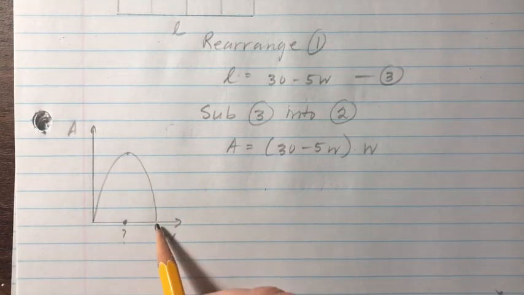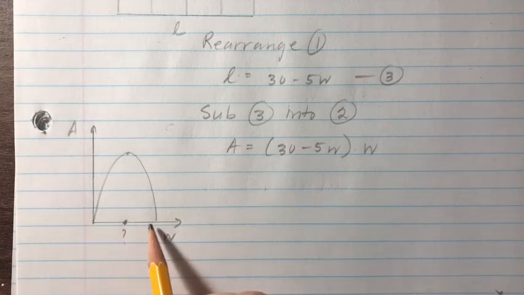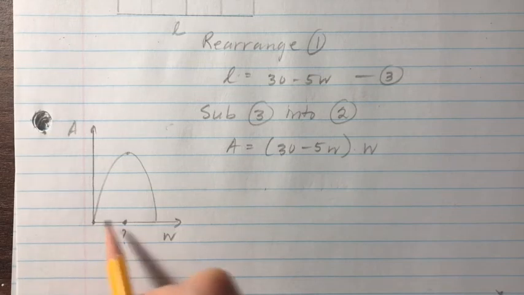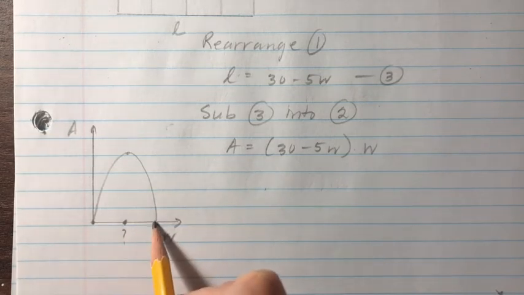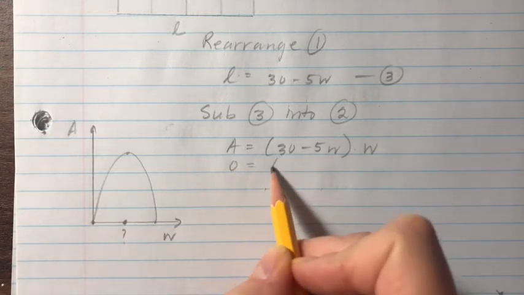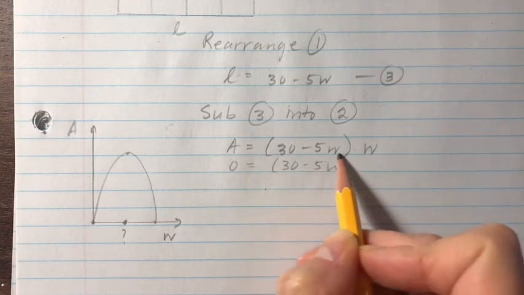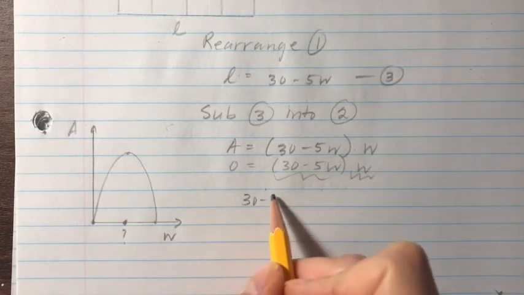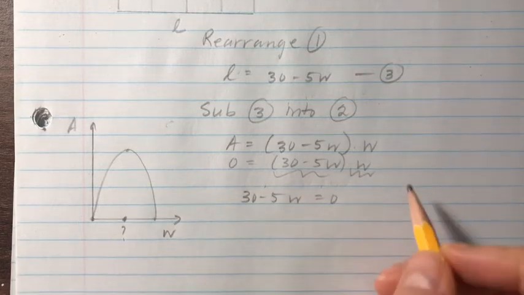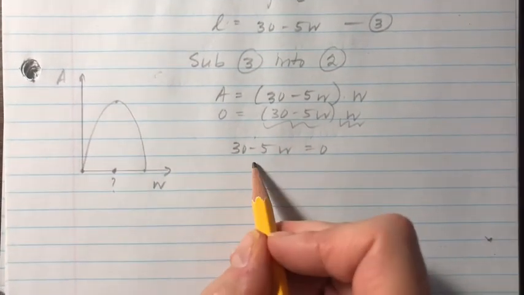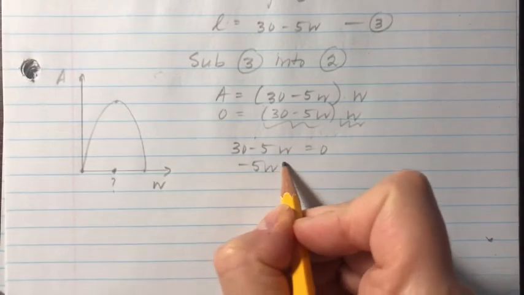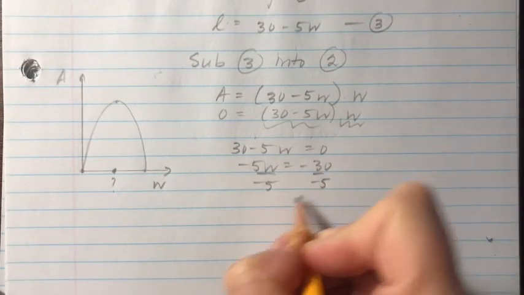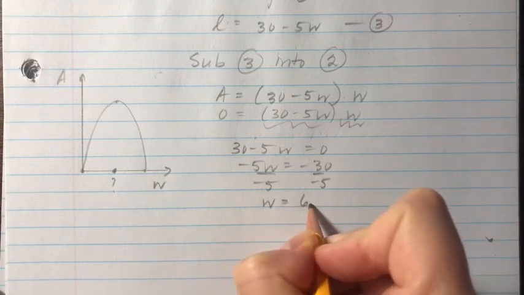So in order to do that, from the factored form, we can find the two zeros. If we're looking for the x-intercepts, we know area will be 0, and so we set each of these factors equal to 0 and solve for W. So in the first case, we end up with 5W being equal to negative 30. Dividing both sides by negative 5 gives us a width of 6.